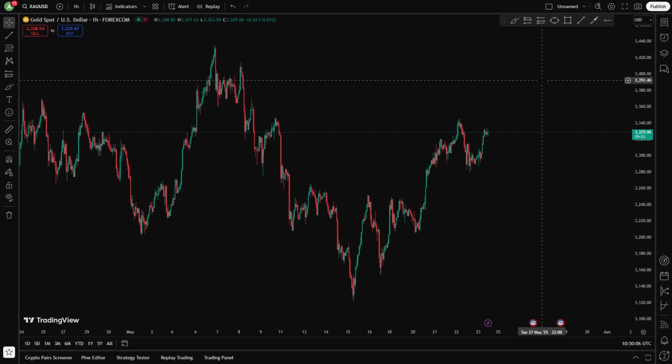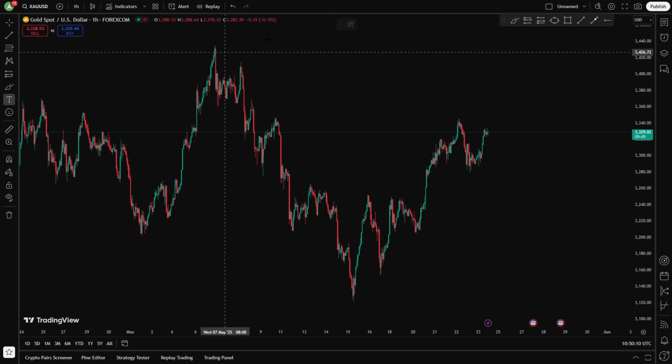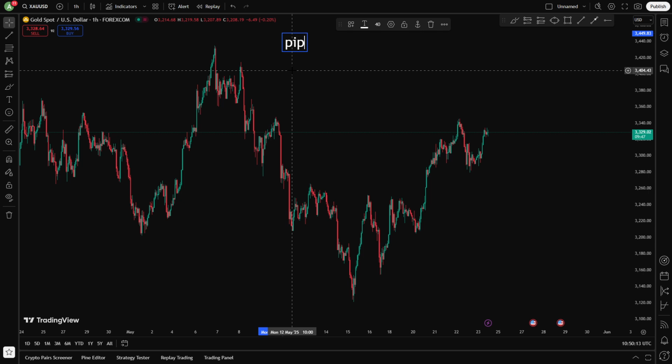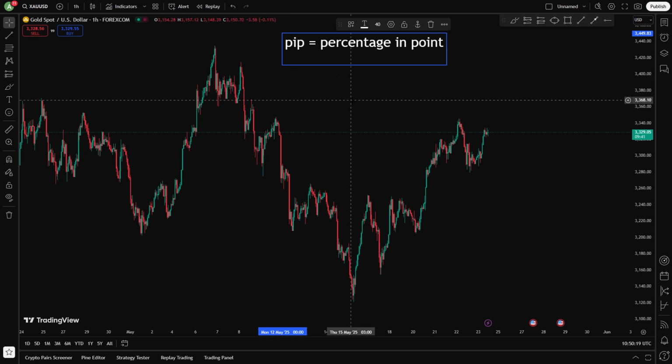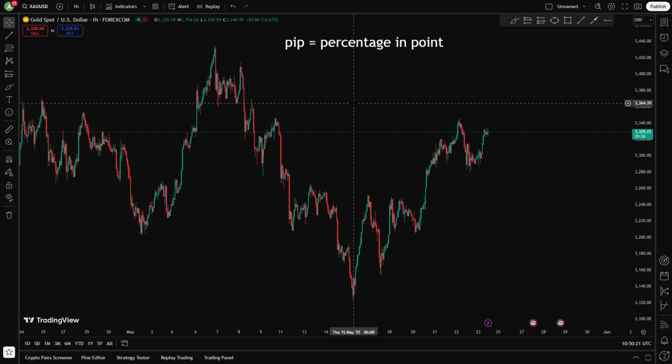Now let's talk about pips, short for percentage in points. A pip is the smallest price move a currency pair can make.